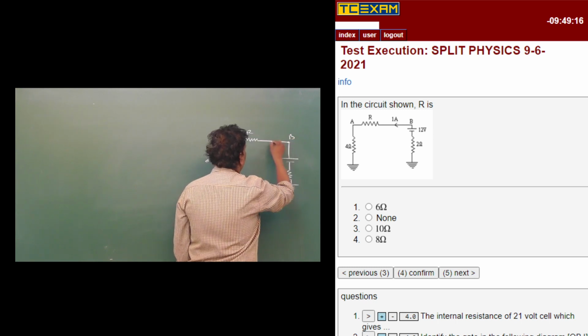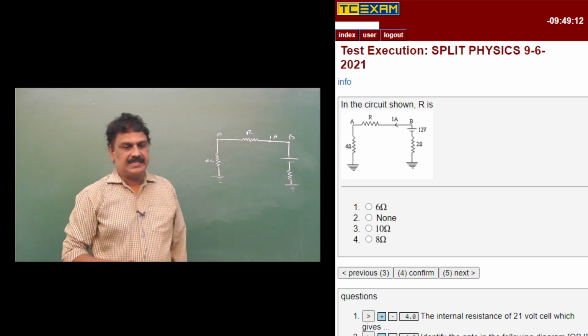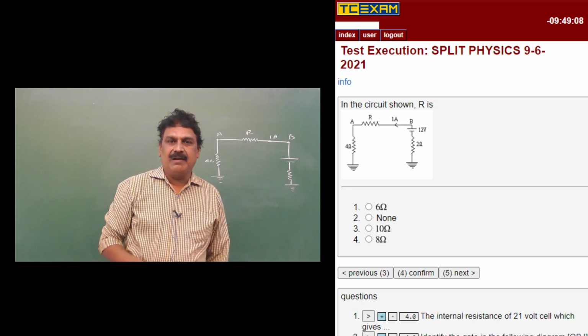This is P, this is 1 ampere. This is the circuit given. We need to find the value of R.